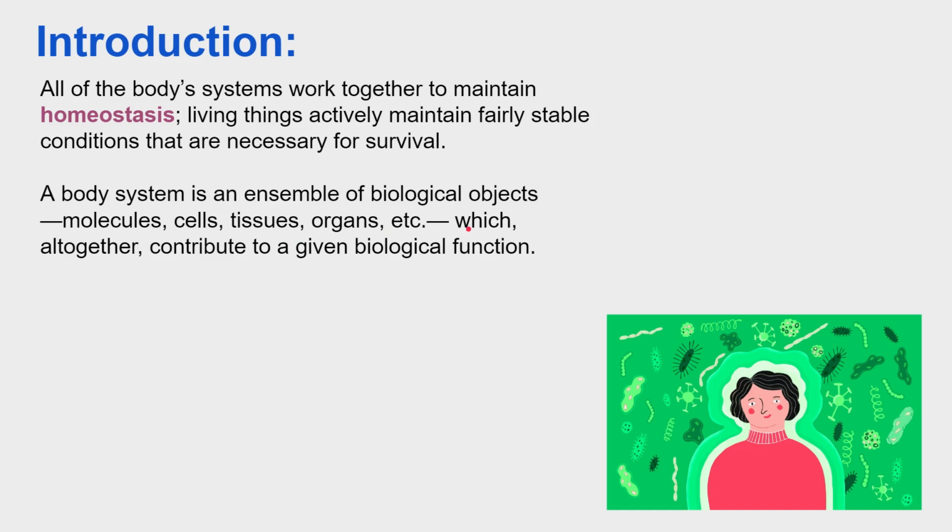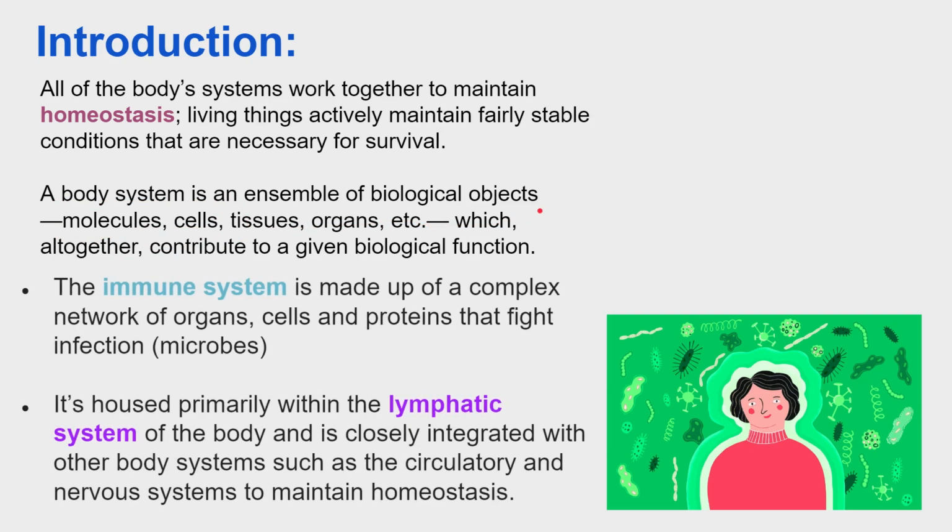And the immune system, I think, is particularly interesting because the immune system has a lot of focus on these first two things. A lot of what the immune system does is actually done at the molecular level or even the cellular level. And we'll get to know a lot more about that in the next video. Okay, so our immune system is a complex network of organs, cells, and proteins, like a molecule here, that are able to fight off microbes, fight off infection.